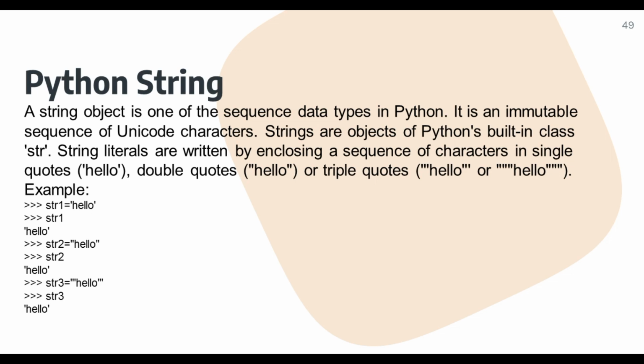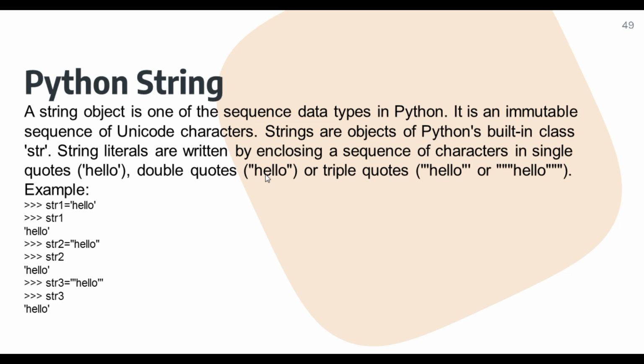Here you can see that hello is a collection of five letters, HELLO. It can be just H also. So when letters or alphabets are enclosed in single, double or triple quotes, it is considered a string.